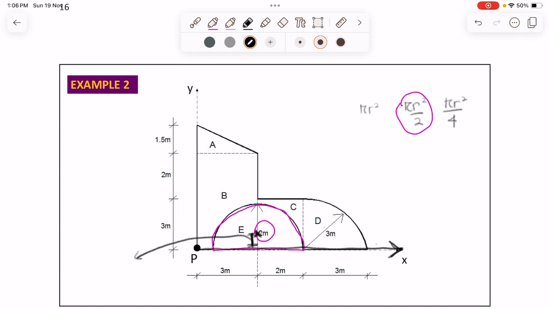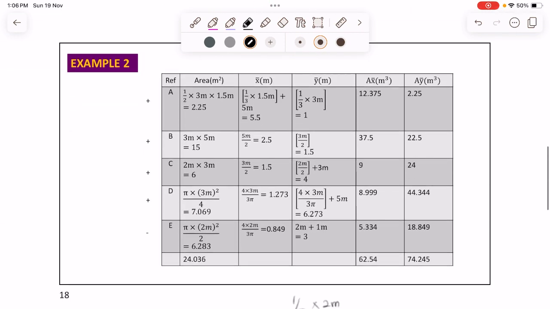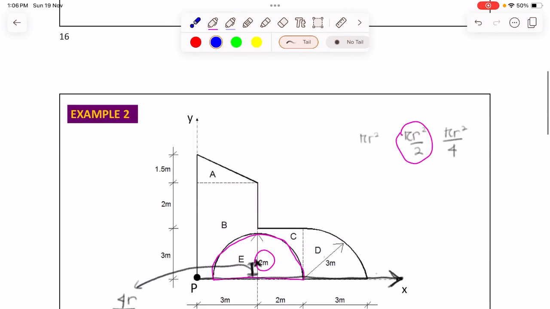It is sama dengan quarter circle tadi. 4r divided with 3 pi. 4 times the radius 2 meter bahagi dengan 3 pi. Equal to 0.849 meter.